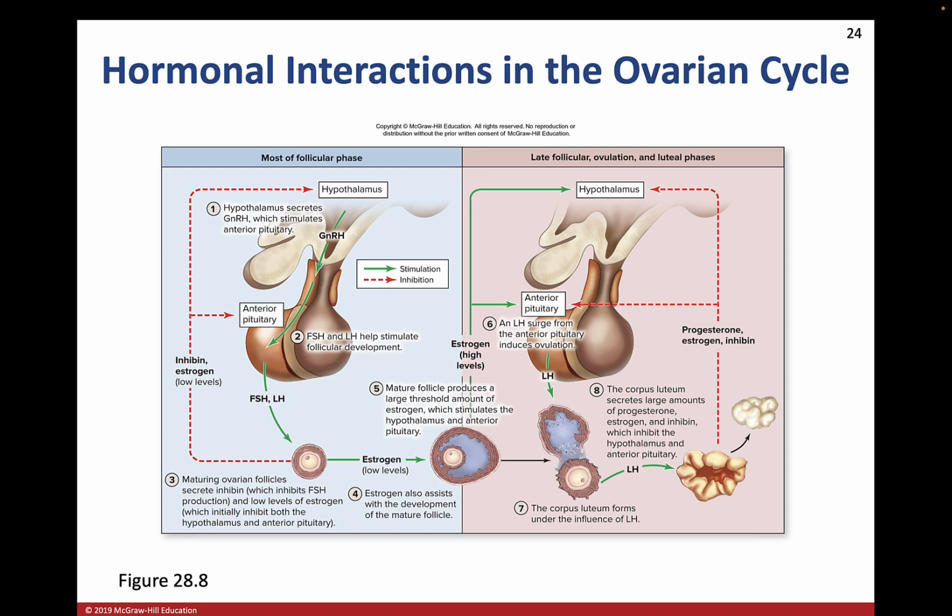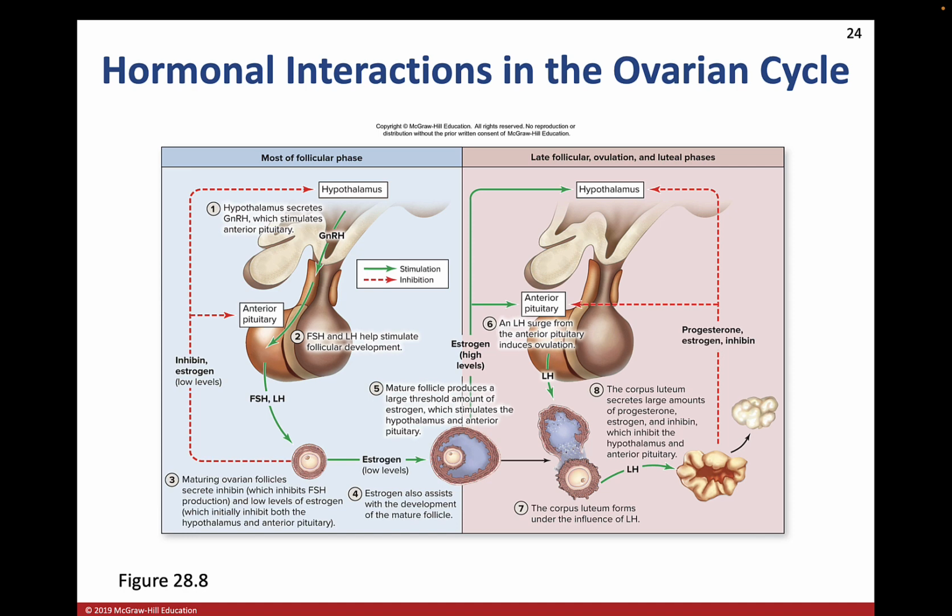Remember, estrogen will also assist with the development of the mature follicle. Mature follicles produce a large threshold amount of estrogen, and this stimulates the hypothalamus and the anterior pituitary. We now see a surge in luteinizing hormone from the anterior pituitary, and this is responsible for ovulation.